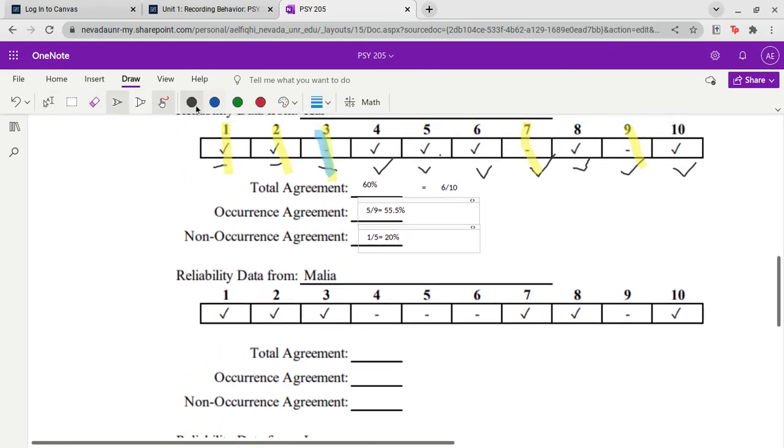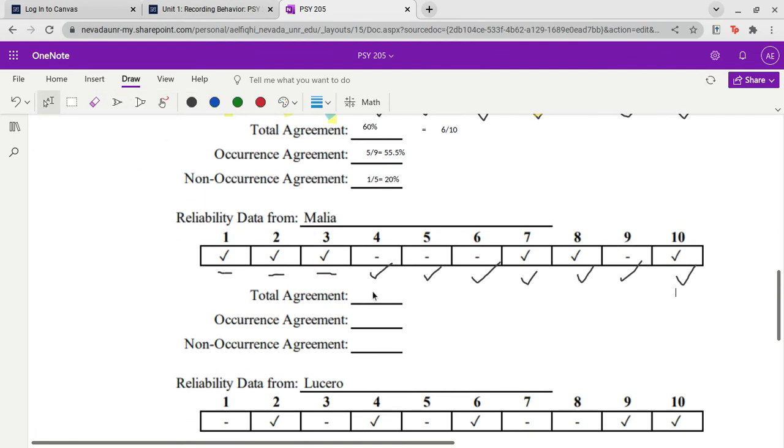So let me draw out our findings. Okay, so with this one, again, we have total agreement out of 10 because we have 10 total intervals.